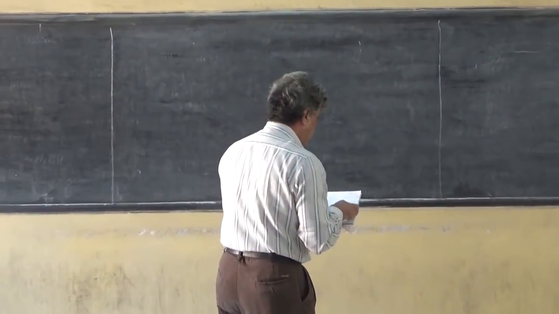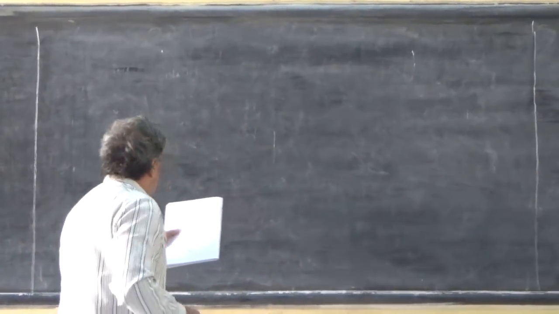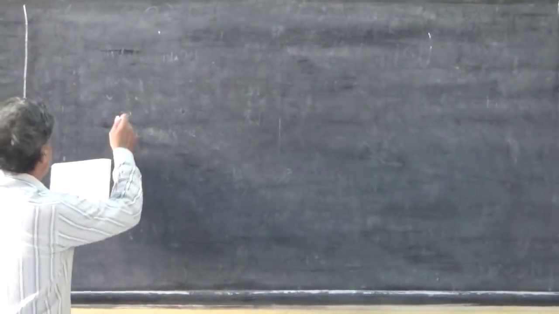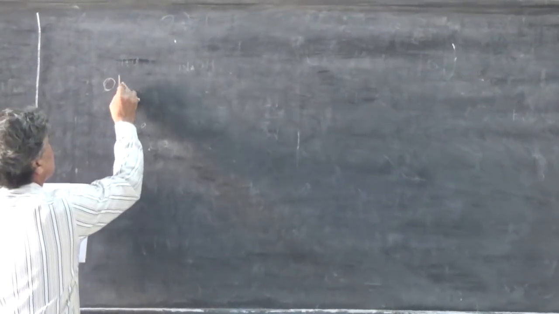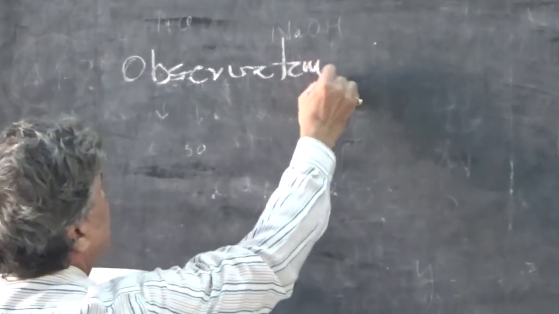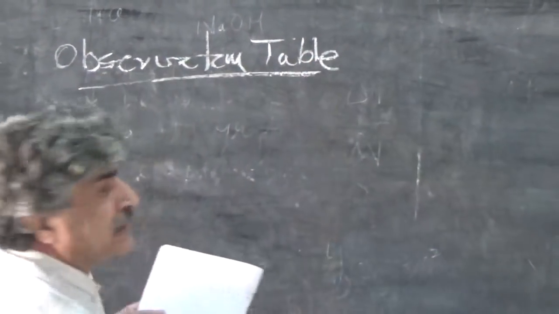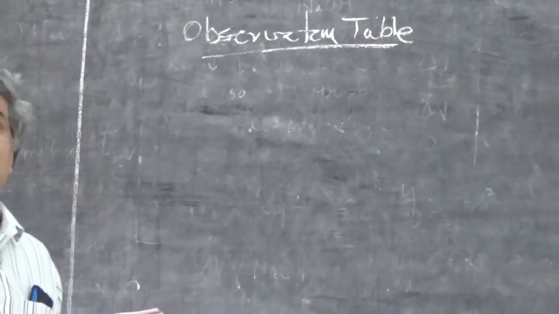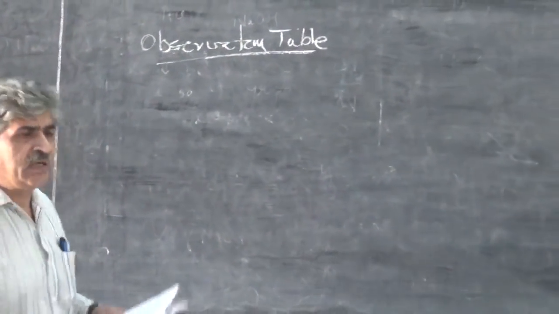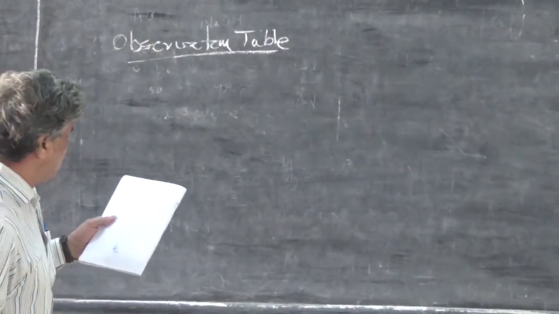I would like to show you the observation table. This table is already provided to you in the leaflet which has been supplied by the convener of this experiment.